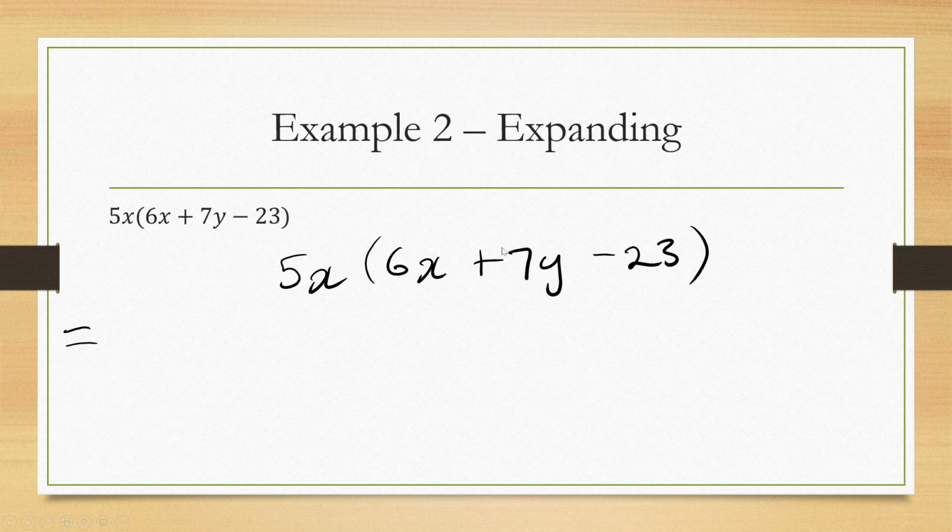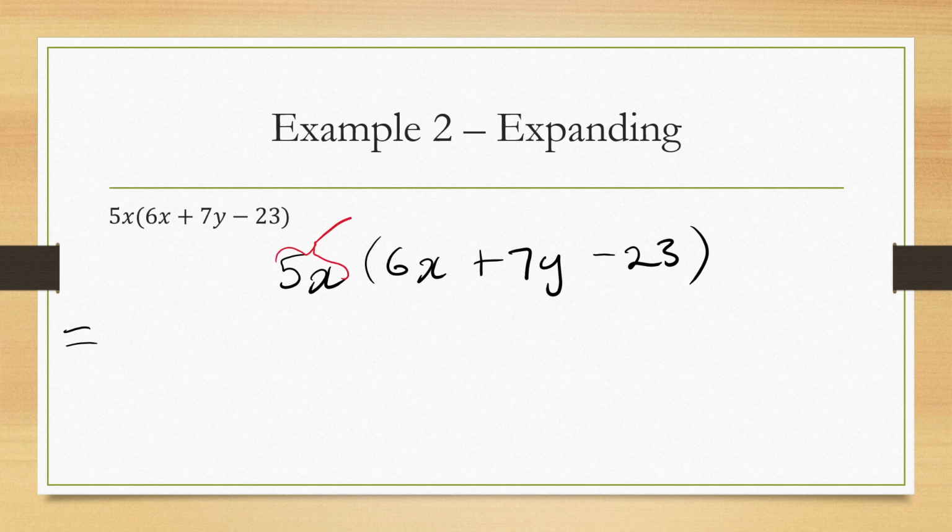So this is a term, this is a term, and 5x is also one term. So we're going to use it as one term multiplied by one term, not number multiplied by number, or letter multiplied by letter. We're going to use it as a term multiplied by a term.